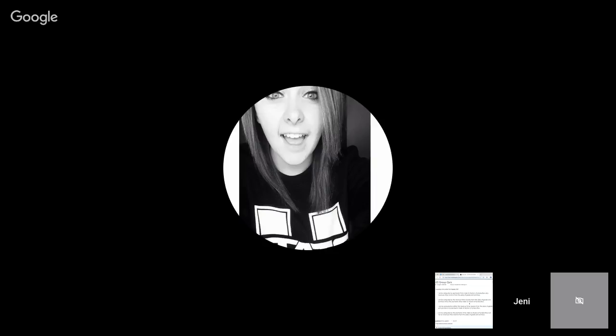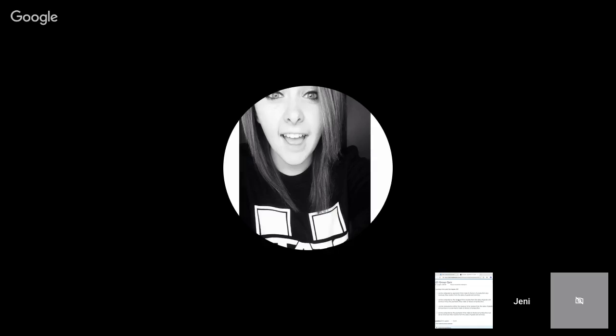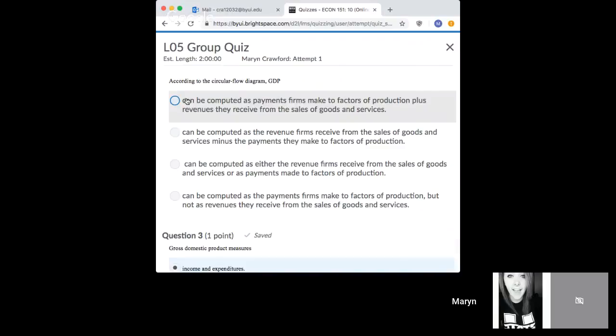Oh yeah, this one I just... What did you guys have again? I wrote B. I'm pulling up that chart right now. Yeah, I had A, same, but I didn't spend a bunch of time on it. So A can be computed as payments firms make to factors of production, plus revenues they receive from sales of goods and services.